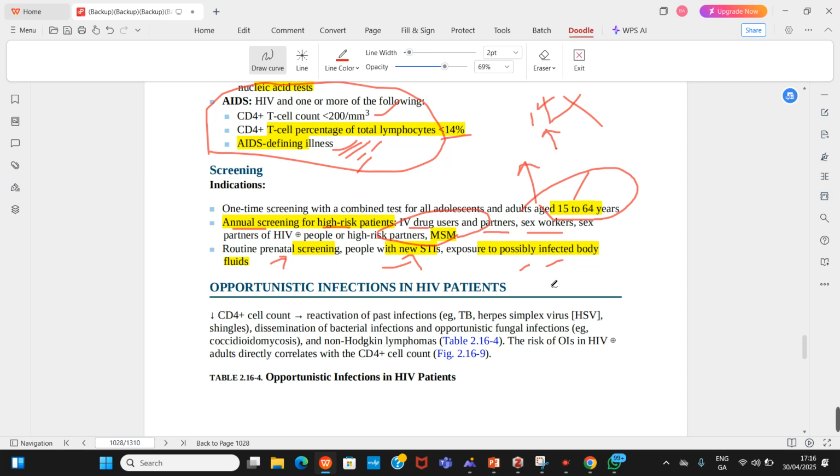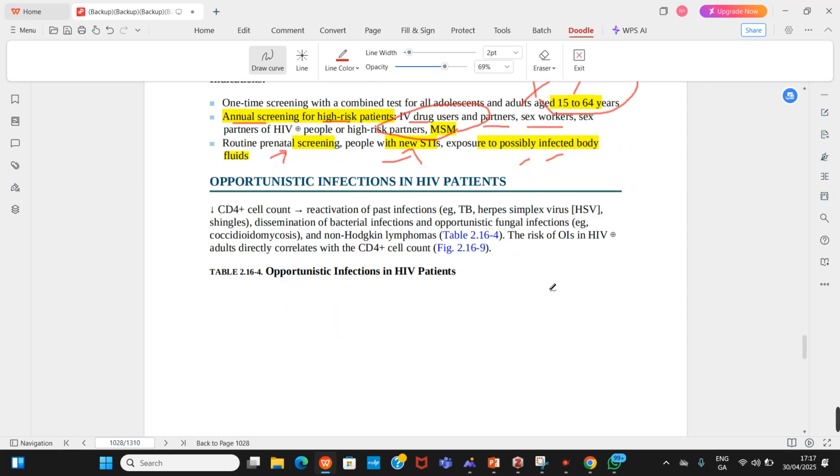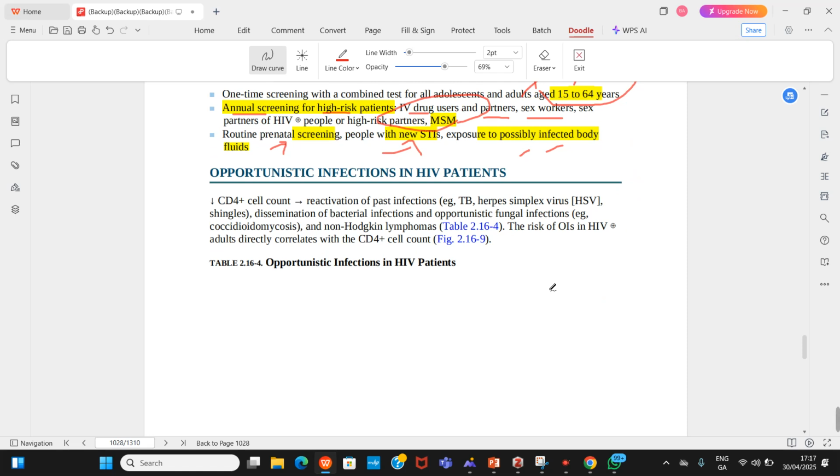Then you continue the screening, 6 weeks, 3 months. They get their test: is this person HIV positive or not? Quickly do it. Then immediately you give them post-exposure prophylaxis. Then you screen them again in 6 weeks, and again at 3 months, before they can say that they are clear of HIV. Very, very important stuff.